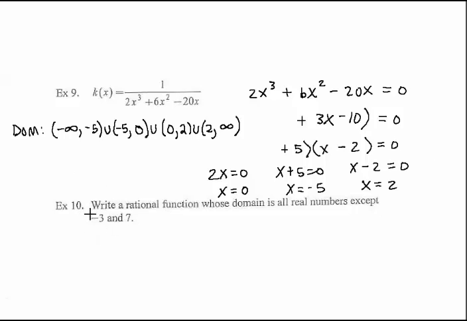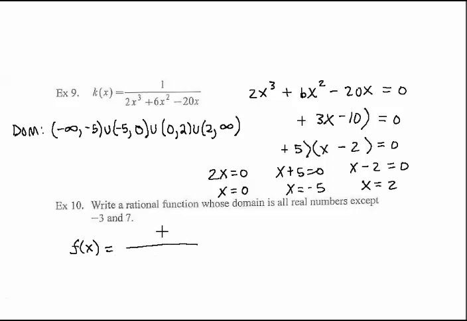Okay, example 10 says write a rational function whose domain is all real numbers except -3 and 7. So what we have is some mystery function. I'll call it f of x.